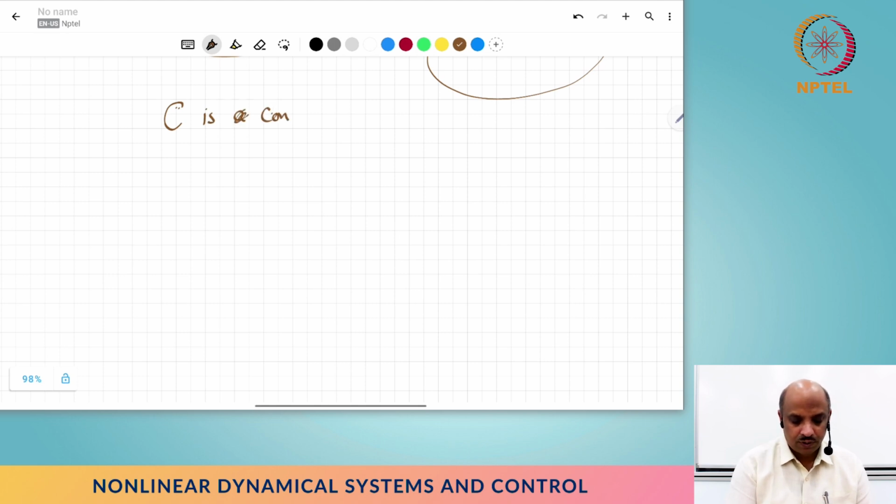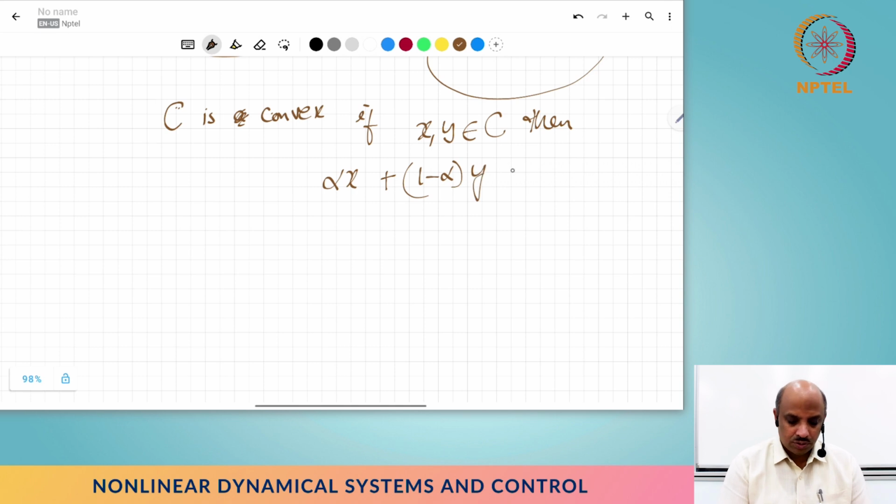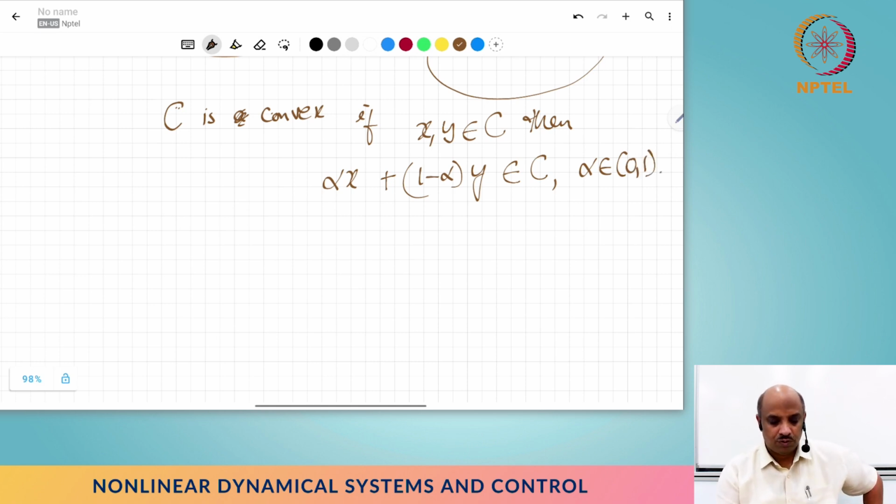C is convex if you take a pair of points x and y, then alpha x plus 1 minus alpha y belongs to C for all values of alpha between 0 and 1, inclusive, because 0 gives you y and 1 gives you x. But typically it's written as alpha between 0 and 1 without including them, right? So this is essentially the line joining x and y.